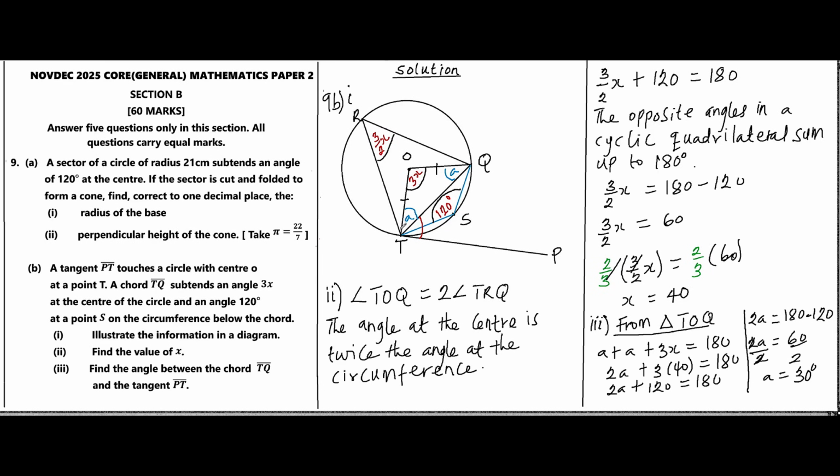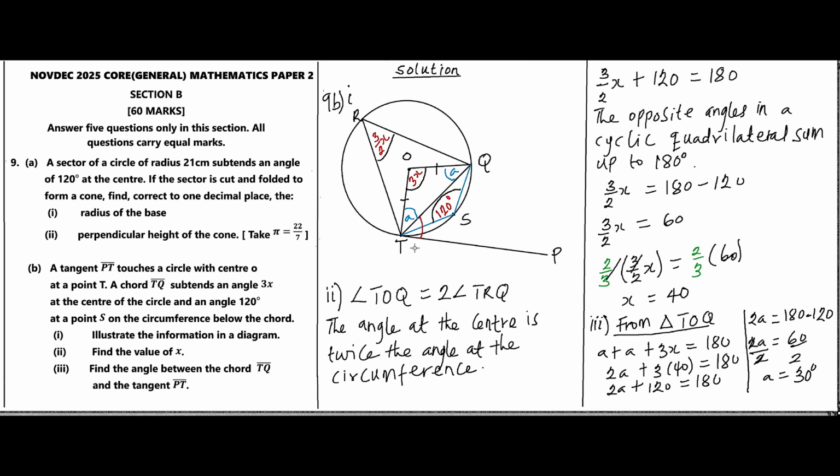But then we are looking at the angle between the chord TQ and the tangent TP. Now remember from the angle properties of a circle that a tangent meets the radius of a circle at right angle. So that is one thing we should know.